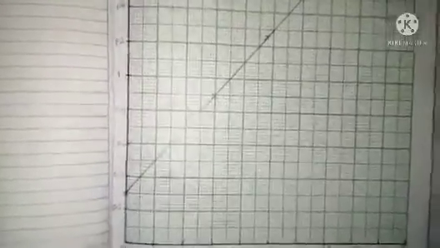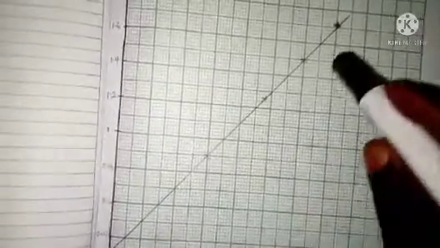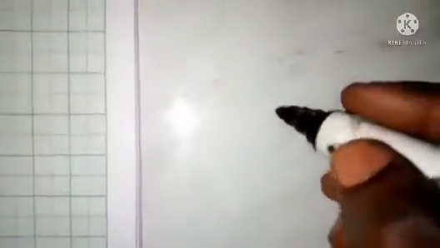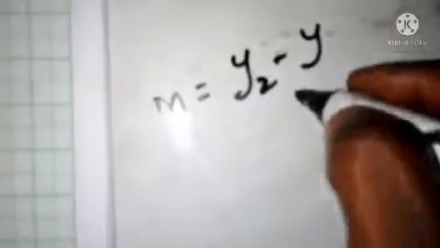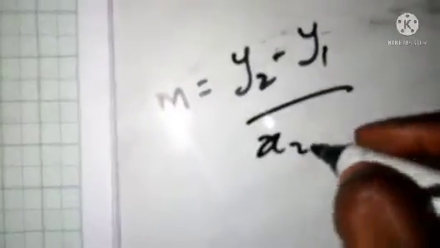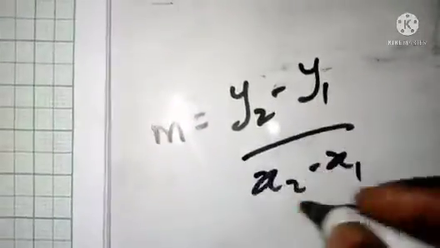Now the next question says that we should use our graph to find a gradient, right? If you are familiar with the formula or the definition of a gradient, this is what we call a gradient. That is m is equal to y2 minus y1 divided by x2 minus x1. Don't worry about these, they are all just points.